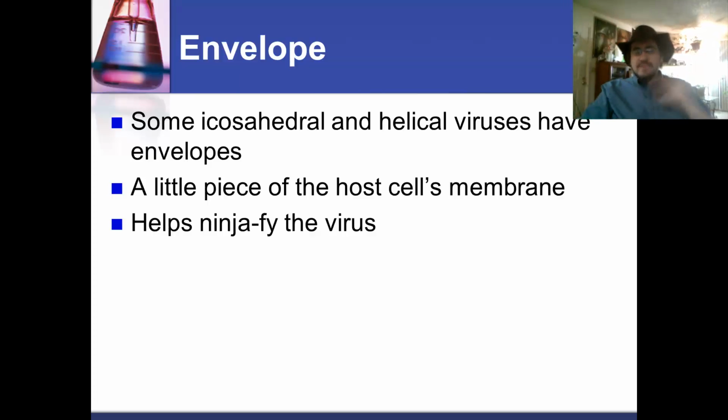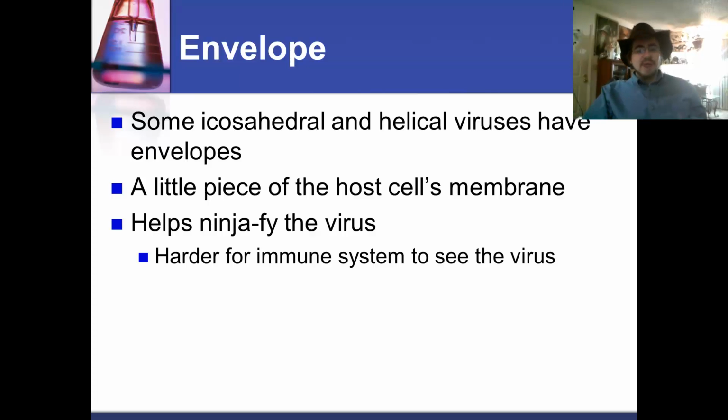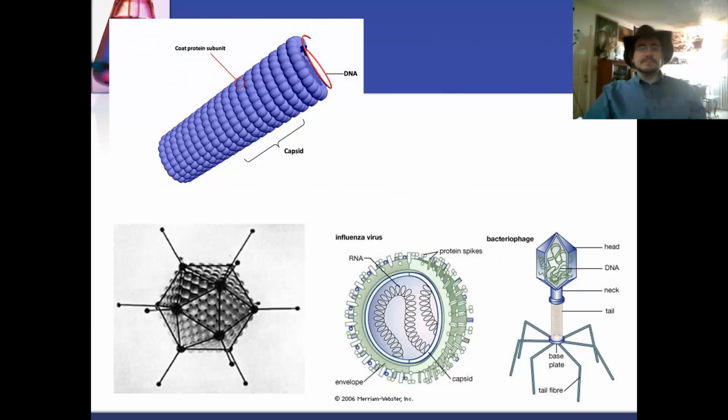Now, it's not foolproof because there are markers on there that are viral proteins that the immune system can identify as viral in nature, but in general, that membrane makes it a lot easier for the virus to fly under the radar and infect other cells. So it's harder for the immune system to see the virus. Not impossible, harder.